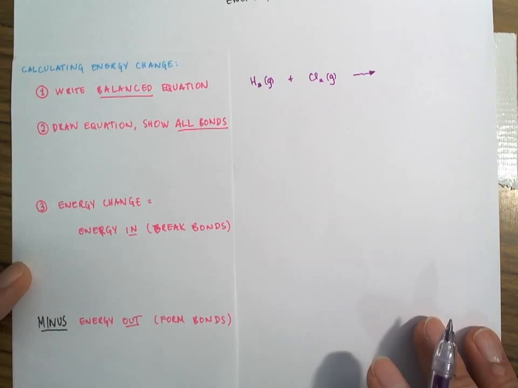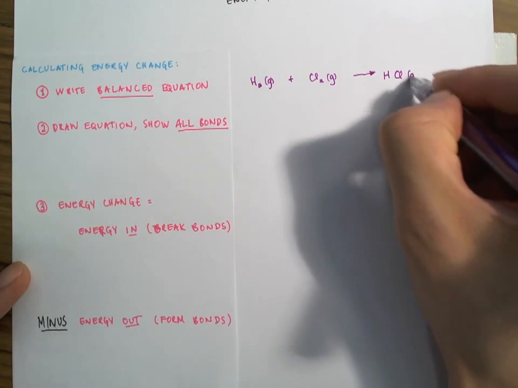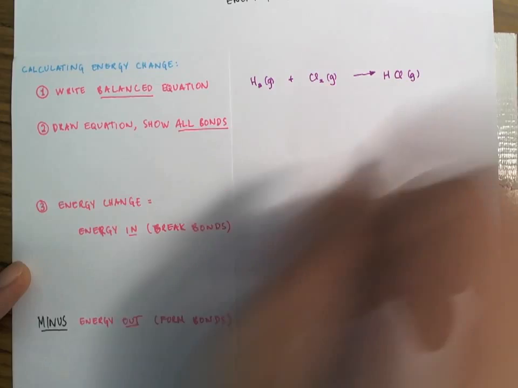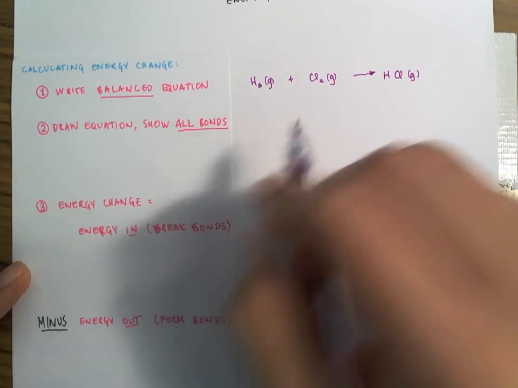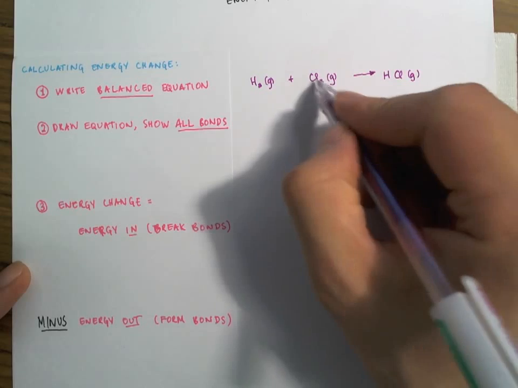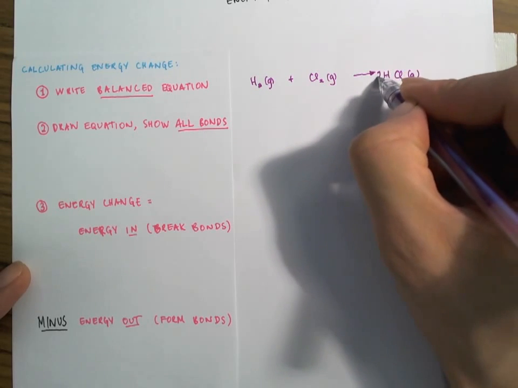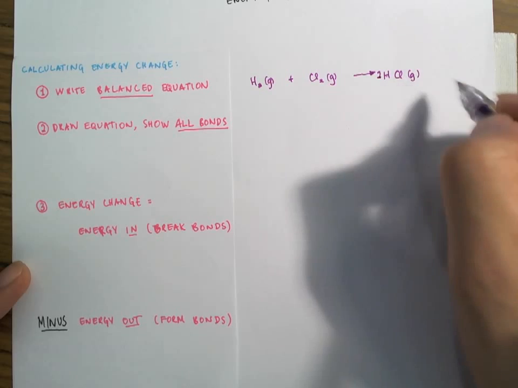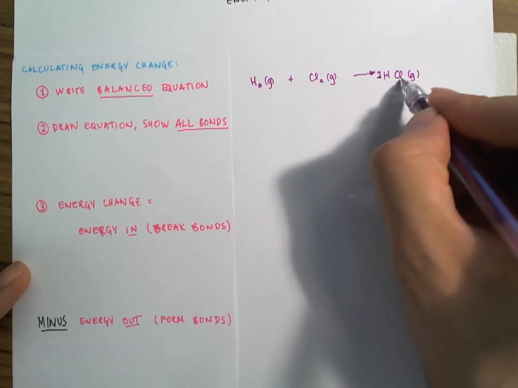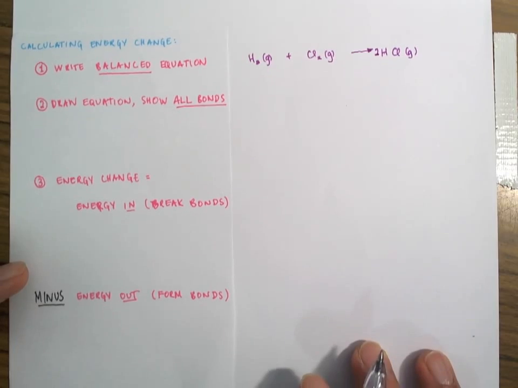So we're going to write H2 plus Cl2 to give me hydrogen chloride gas, and we need to balance it because I have 2 hydrogens here and 2 chlorines here, and only 1 hydrogen, 1 chlorine here. Putting a number out in front will balance that. Remember, you can't add numbers at the bottom, only numbers out in front of the whole molecule.